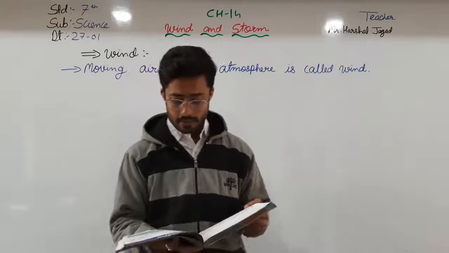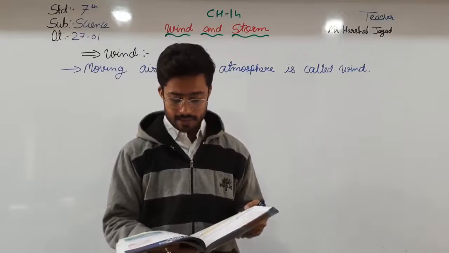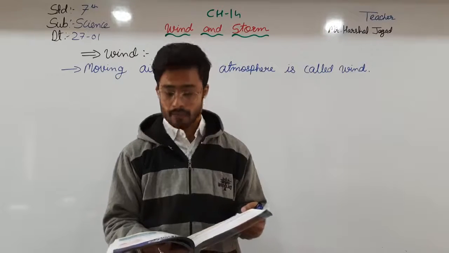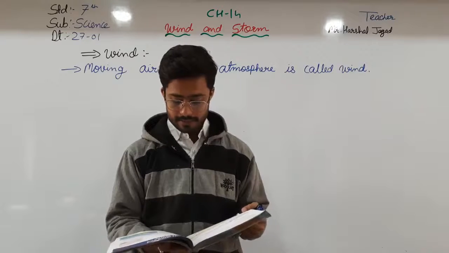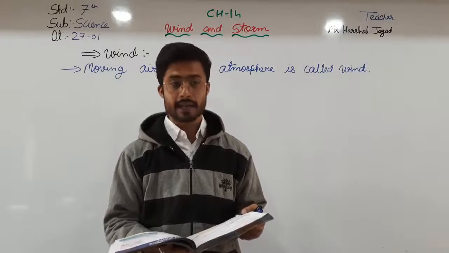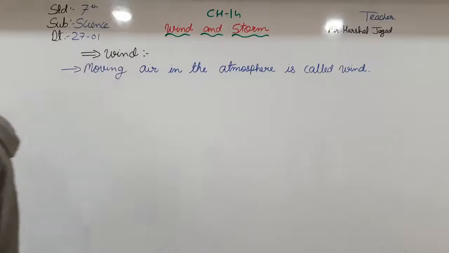In places close to the equator, the land becomes very hot during summer. Consequently, air over the land is hotter than the air over the ocean. Warmer air rises and cool rain-bearing air from the ocean rushes in to take its place. This is how the monsoon winds are set.